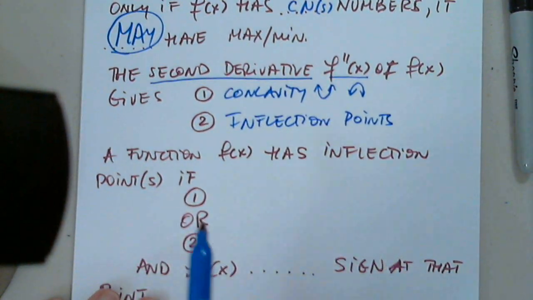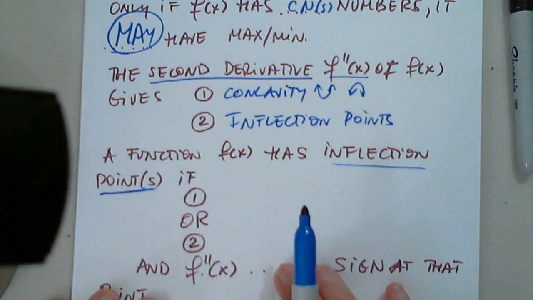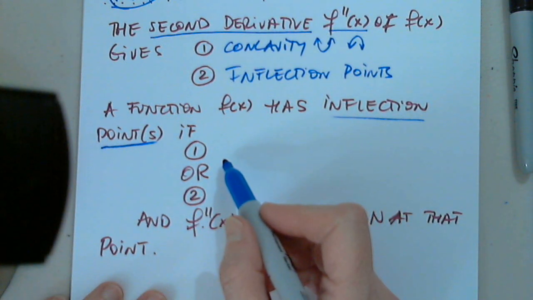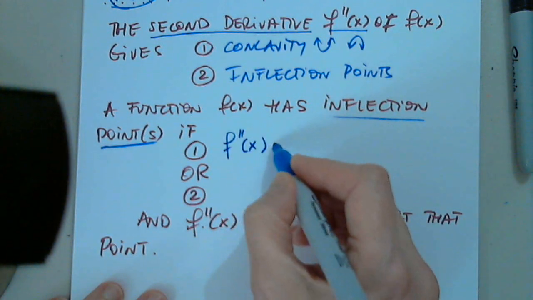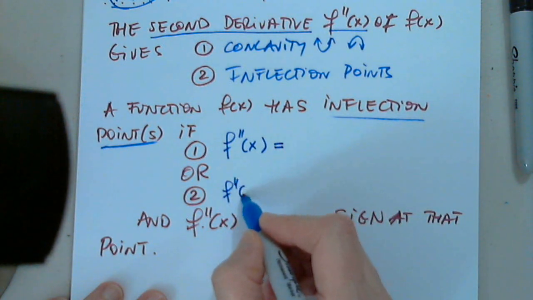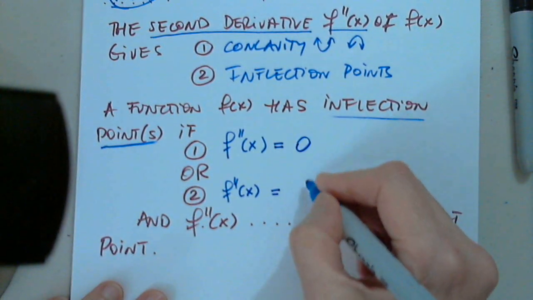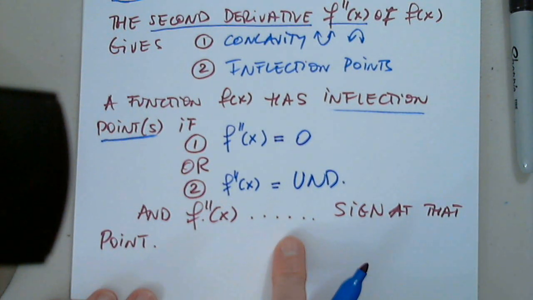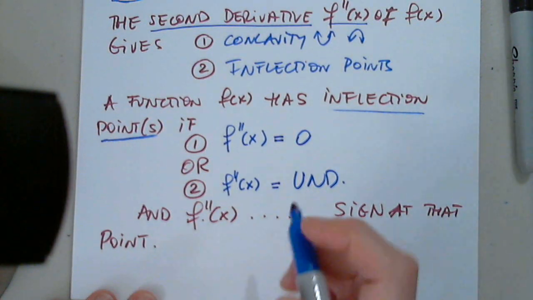Function f of x has inflection points if the second derivative is zero or undefined. Excellent. And the second derivative of f changes. Yes.